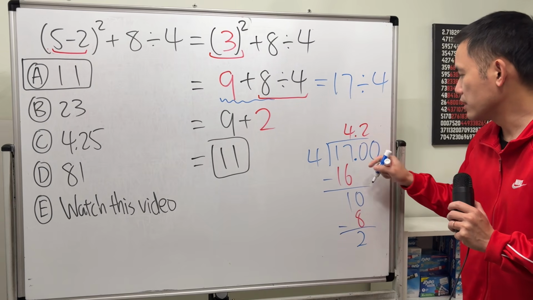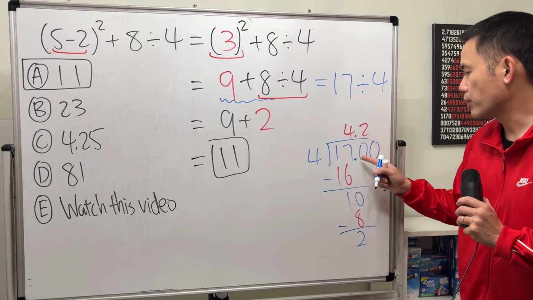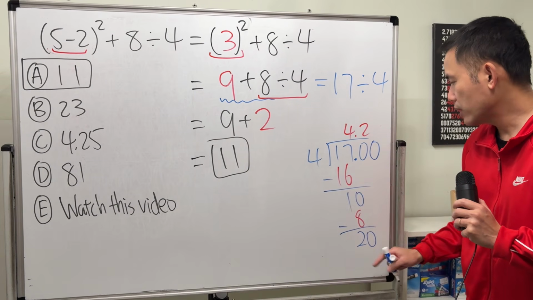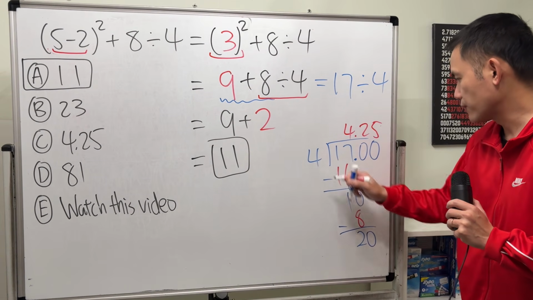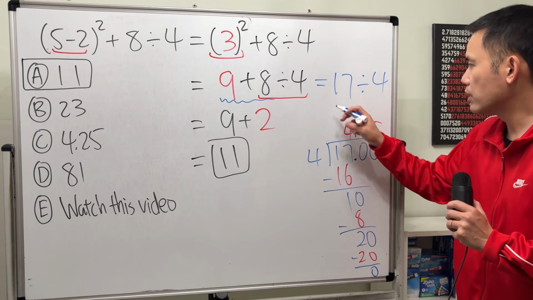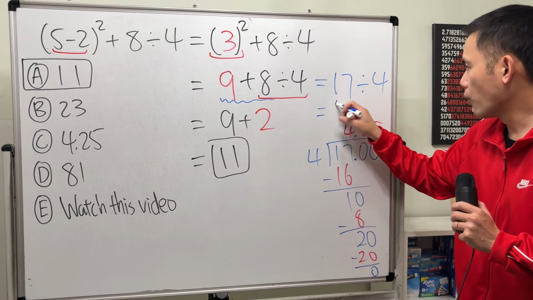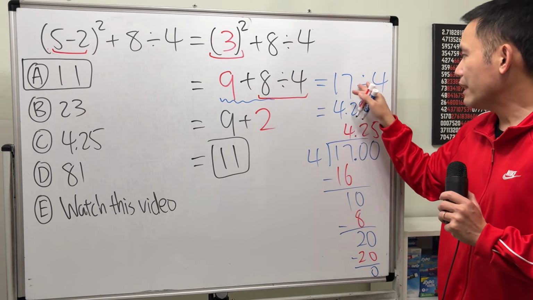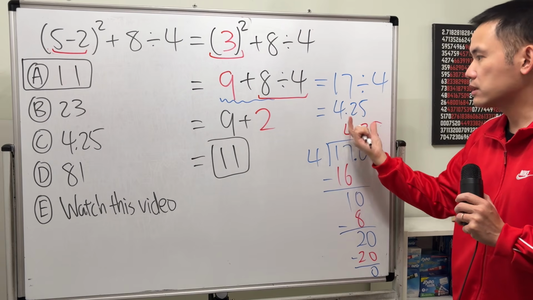Put another 0 because 17 is the same as 17.00. Put this 0 down here. 4 goes into 20 exactly 5 times. So 5 times 4 is 20. And it finishes right here. And you say this right here is 4.25.